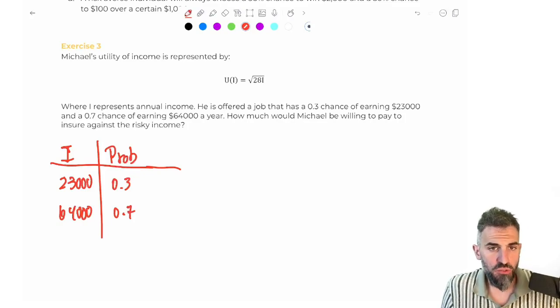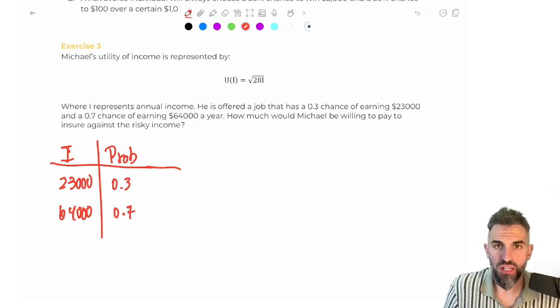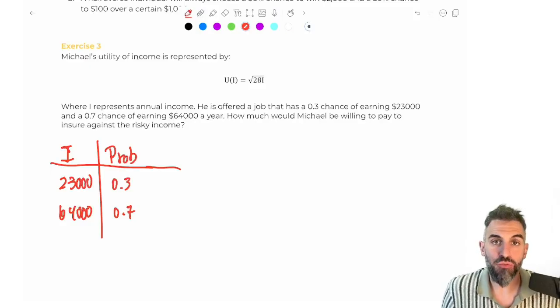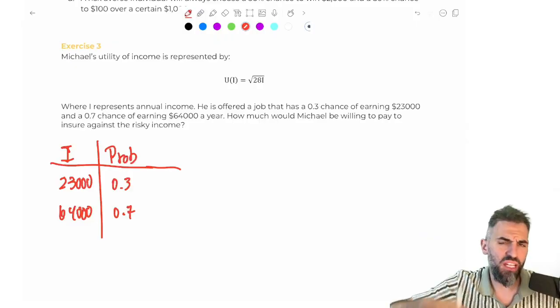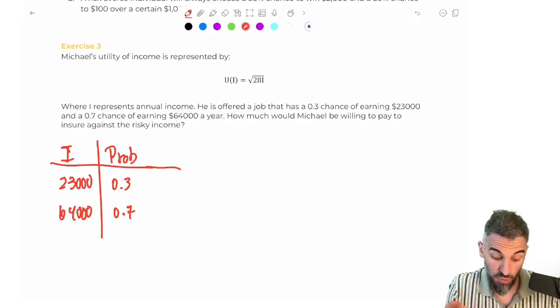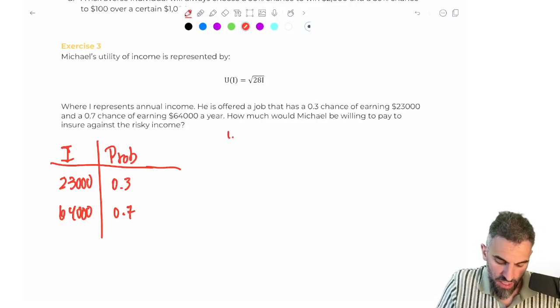How much is he willing to pay to insure against the risky income? This is another way for them to ask you for the risk premium. If they worded it that way, how much would you be willing to pay to eliminate the risk or something like that, that would be the risk premium. So step one, you need to calculate the expected outcome.